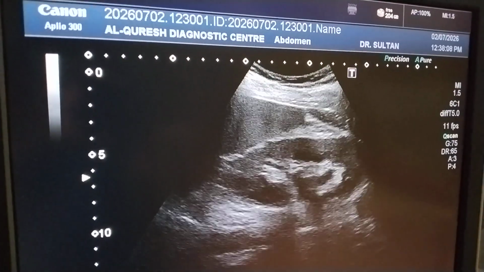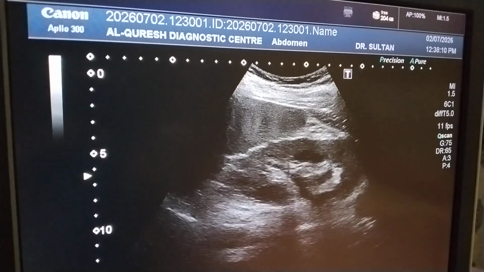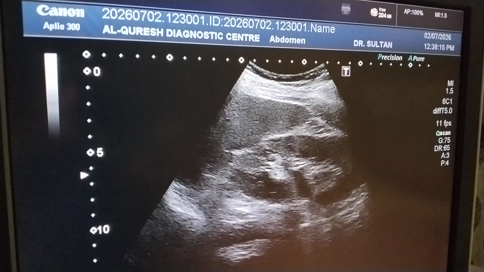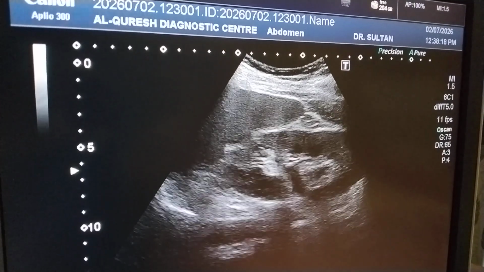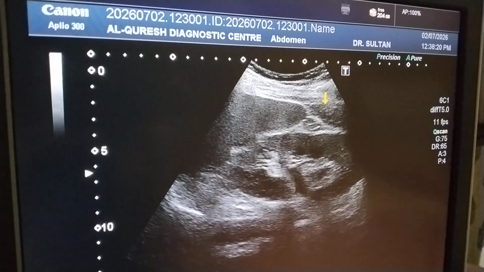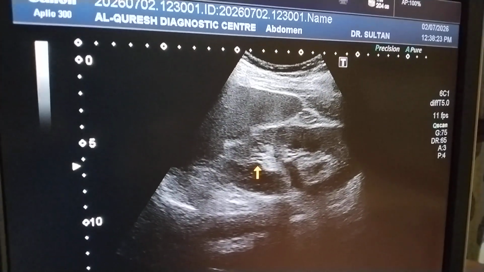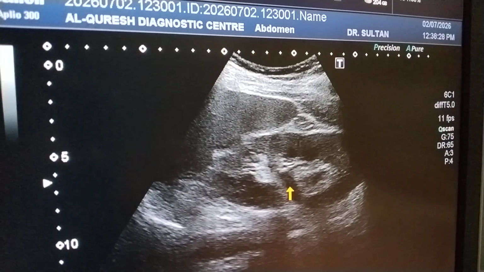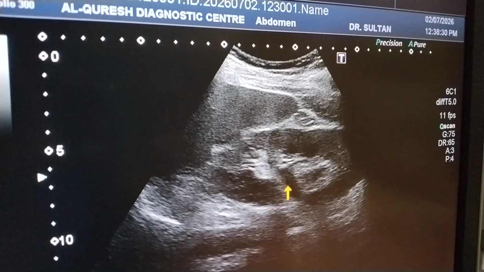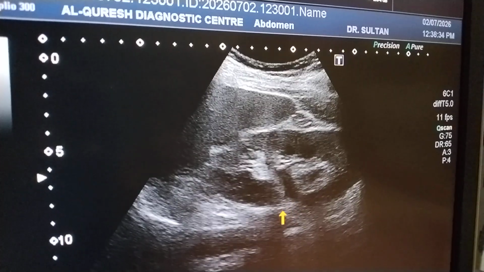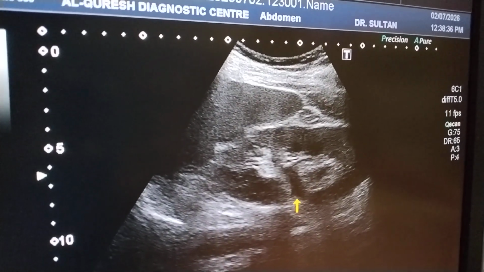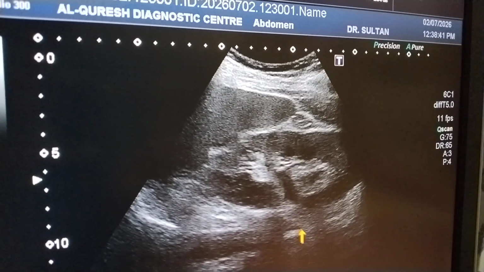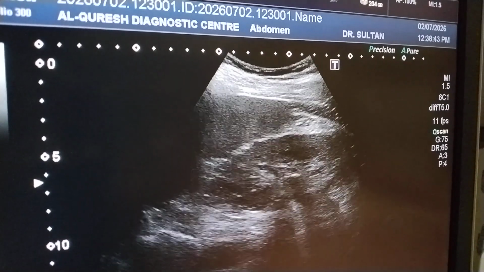Here we can appreciate the left kidney, and this is the renal sinus, and this is the renal pelvis. And from the pelvis, at its medial aspect, the ureter extends from the renal pelvis to the urinary bladder.